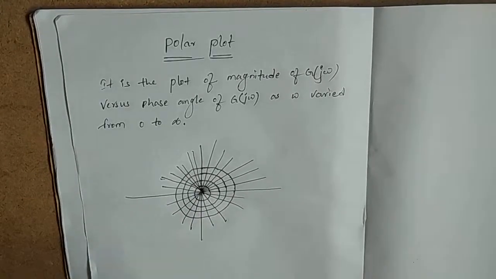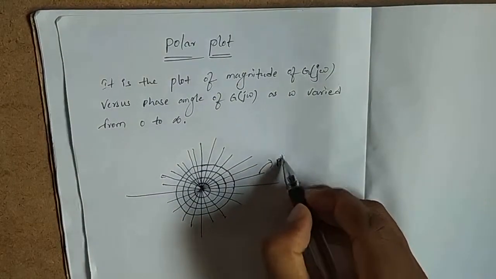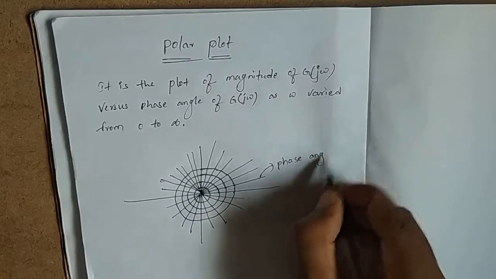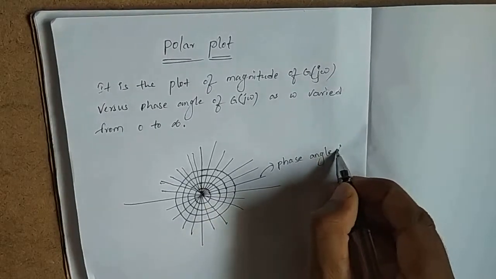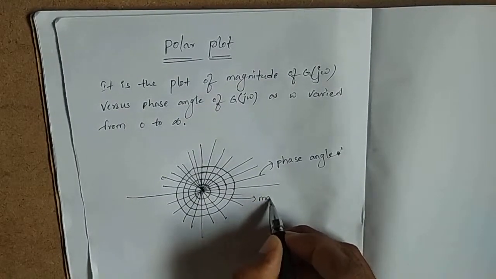The radial lines give phase angle, and concentric lines give magnitude.